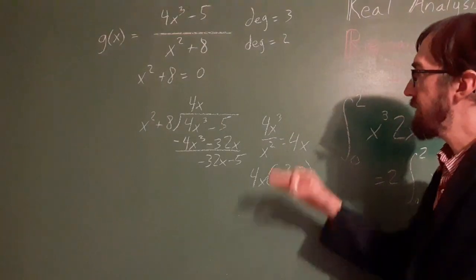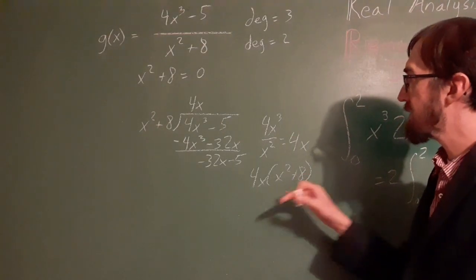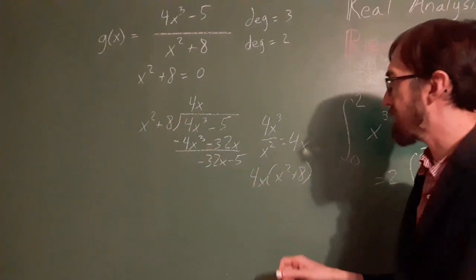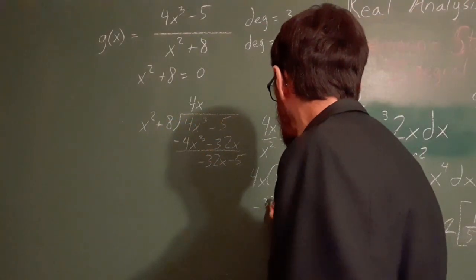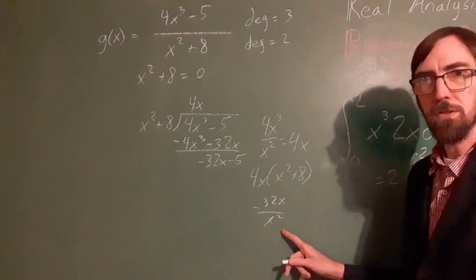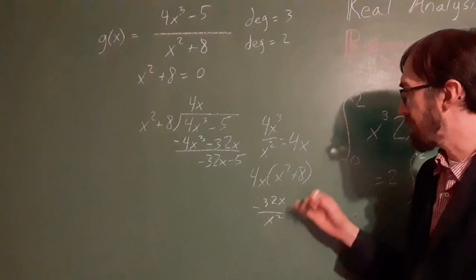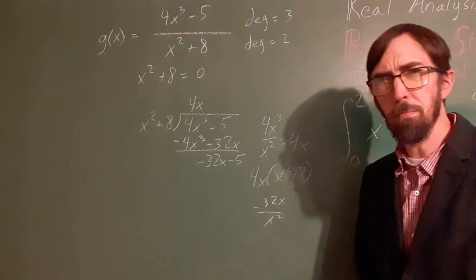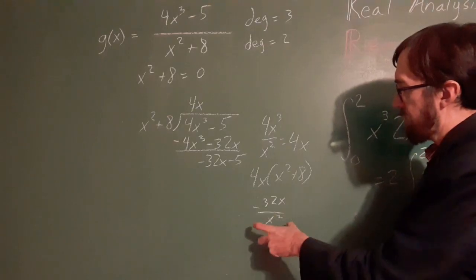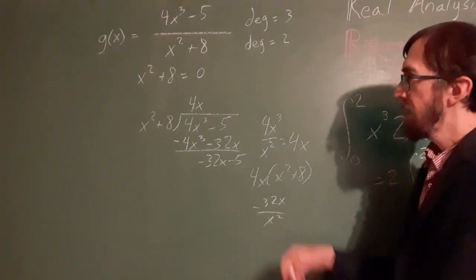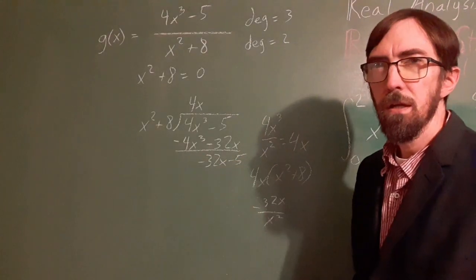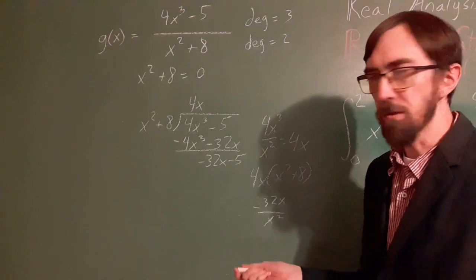And we are going to continue this process. We're going to create a ratio of the inside first term to the outside first. When we look at this ratio, we see that it is essentially a proper fraction since the degree of the numerator is smaller than the degree of the denominator. That's how we know that this actually is the remainder.